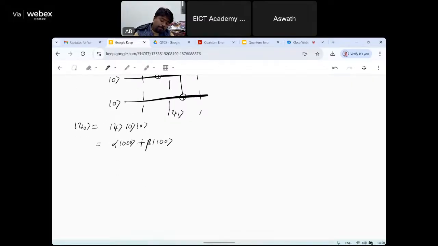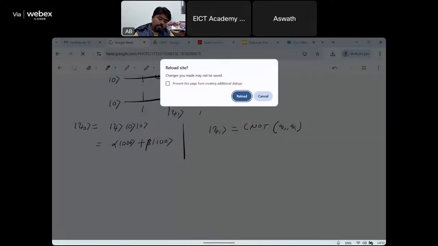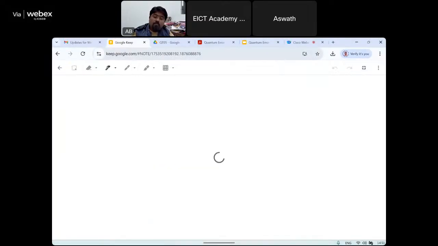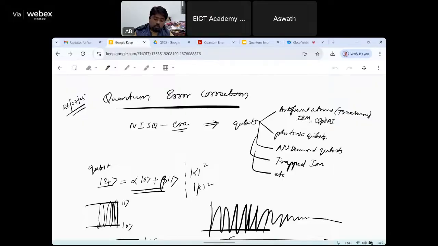Now you see the psi 1 is a C naught between Q0 to Q1. So you can call the first one as Q0 and second one as Q1, third one as Q2.